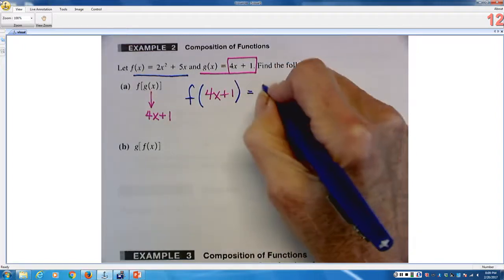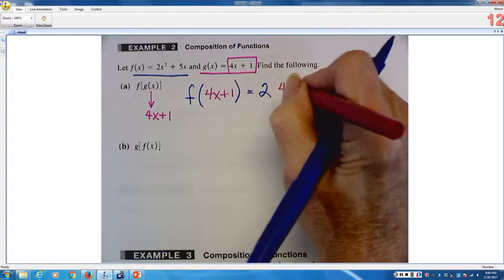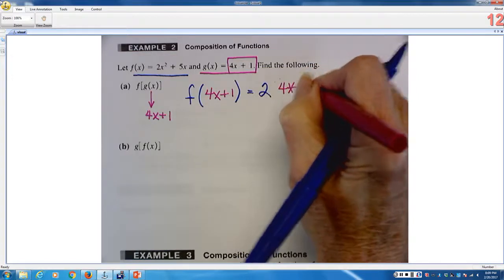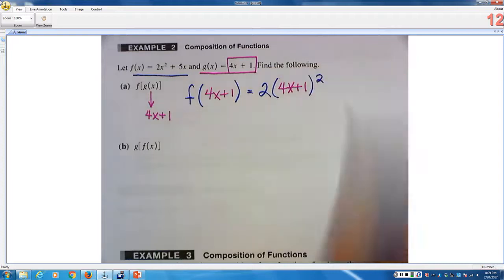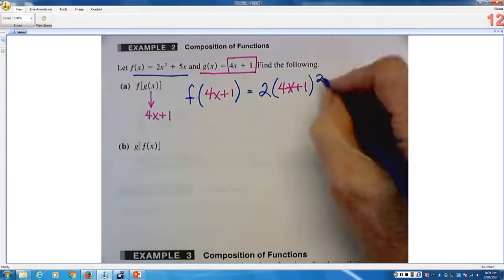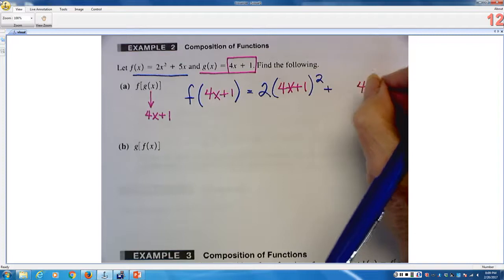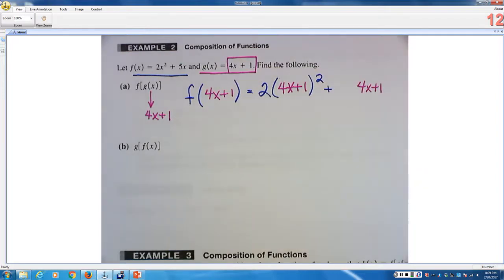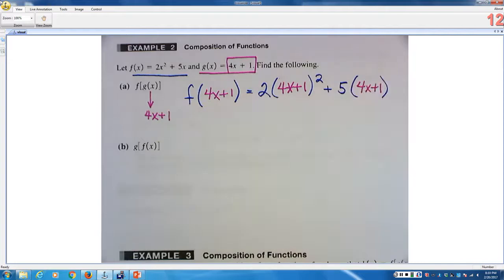Knowing that what f does is it takes 4x plus 1, squares it and multiplies it by 2, and then takes 4x plus 1 and multiplies it by 5 and adds it all together.